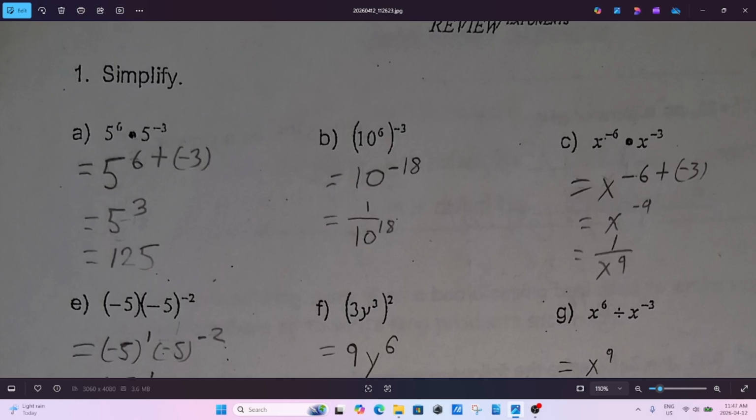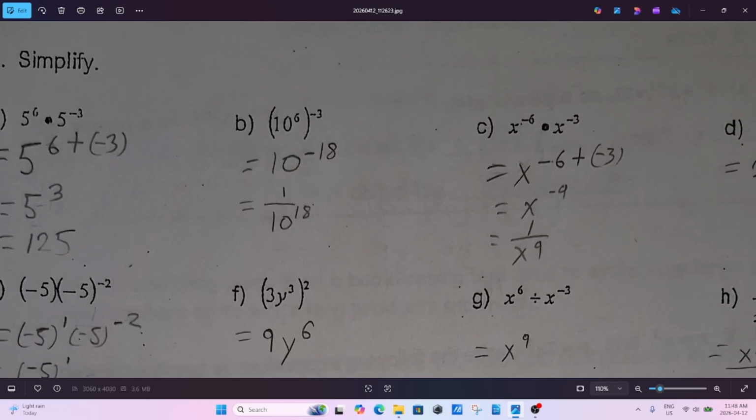Then we go on to 1b, 10 to the 6 to the exponent negative 3. So we will multiply 6 by negative 3 to get negative 18. So that's 10 to the exponent negative 18. And because it's a negative exponent, we can move it to the denominator and make it positive again. So it becomes 1 over 10 to the 18.